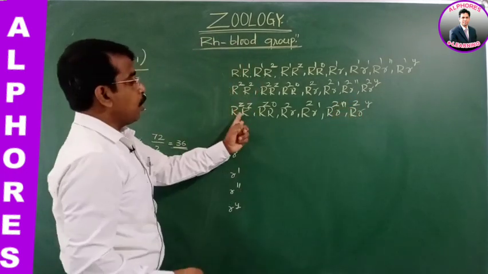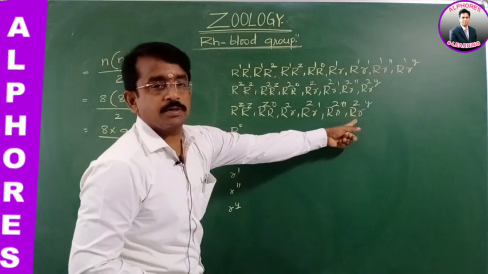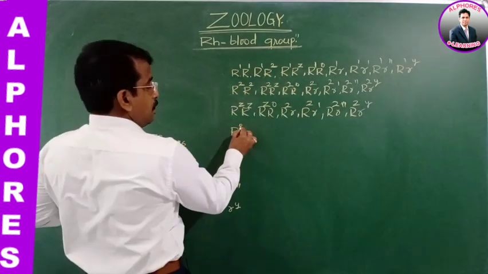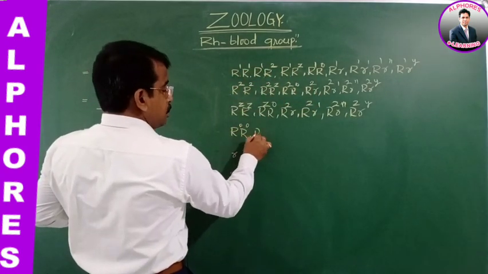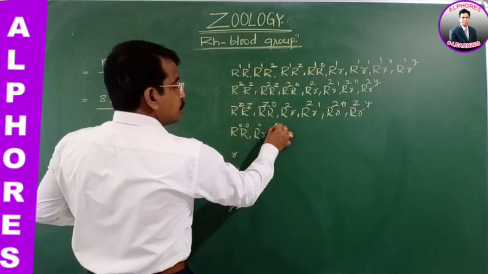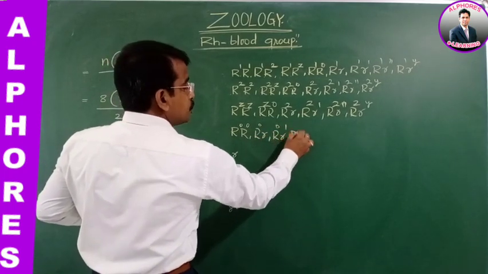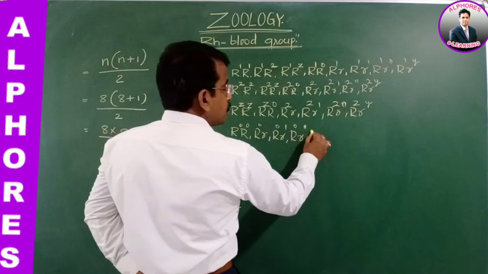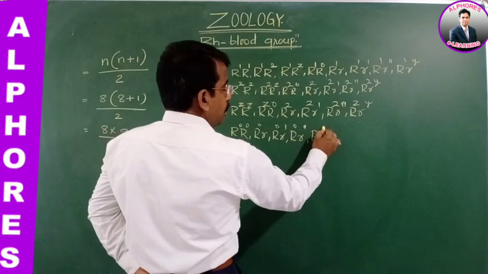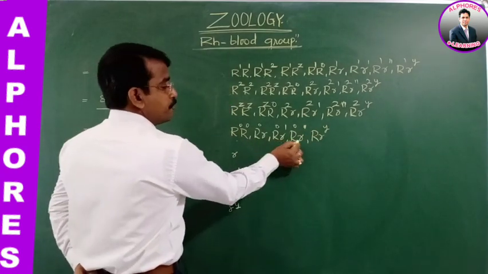Look at here. 1, 2, 3, 4, 5, 6, 7, 8. R0 R0, R0 small r, R0 small r1, R0 small r2, R0 small ry. 1, 2, 3, 4, 5.